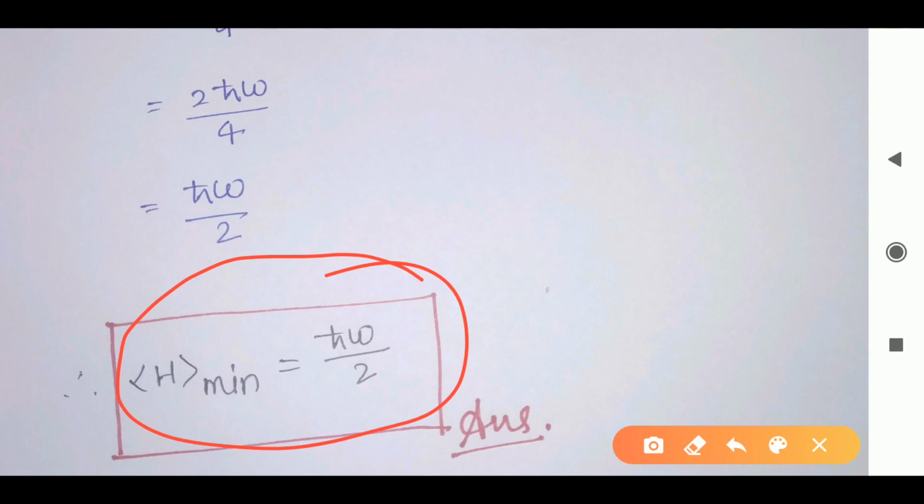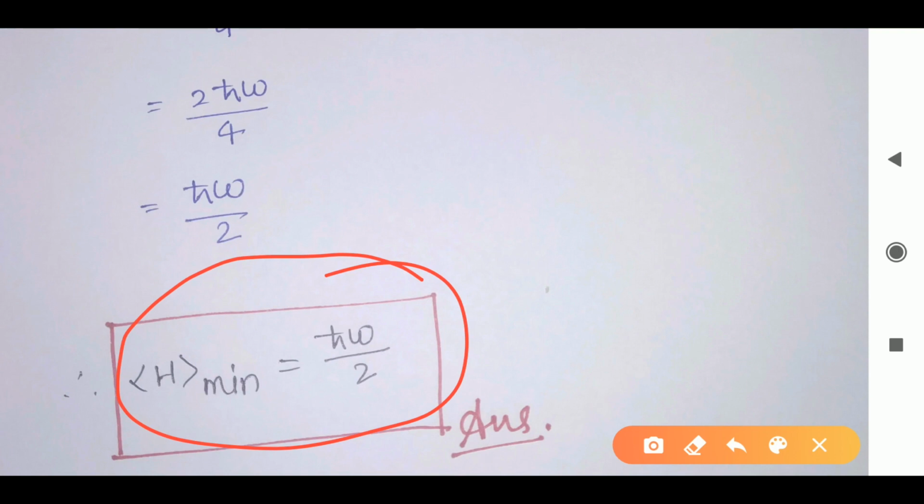So only 3 steps you have to do. Once again: assume the trial wave function. Second step, write the Hamiltonian equation. Third step, to minimize the Hamiltonian, take the derivative of Hamiltonian with respect to the variable parameter.